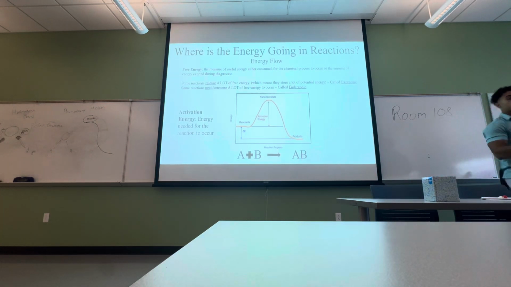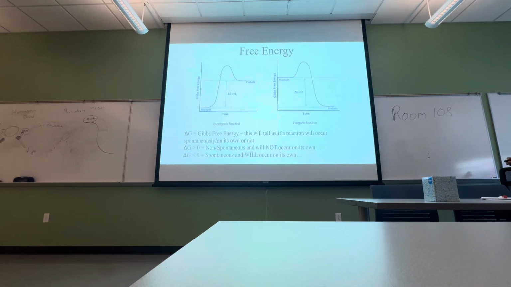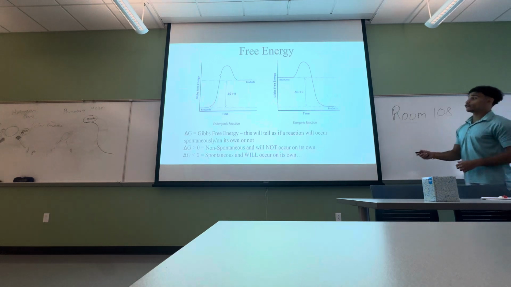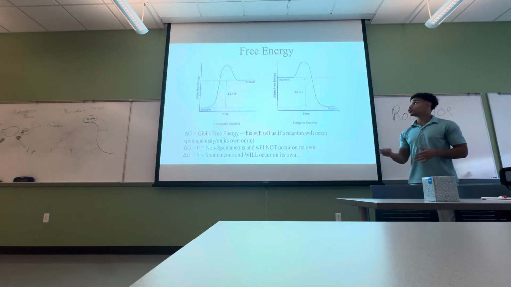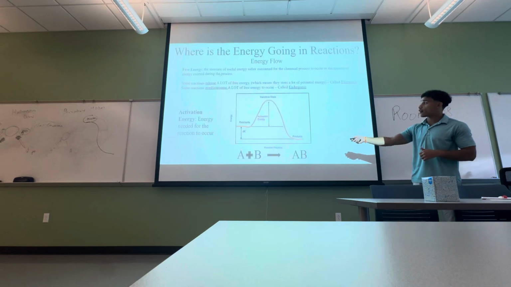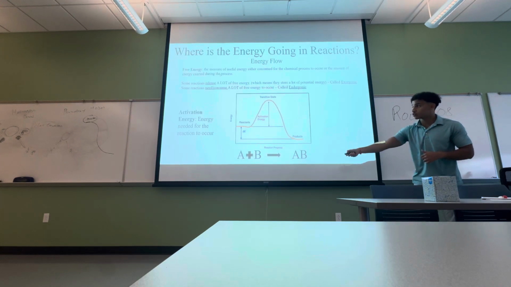Now, the reasons for that, I don't necessarily want you to understand. Okay? But just know that you have to have a little bit of energy to get over the hump. Now, these graphs will look different depending on if you're releasing energy or you're using up energy. Okay? So this is the same graph that's here. This is sort of the general understanding.